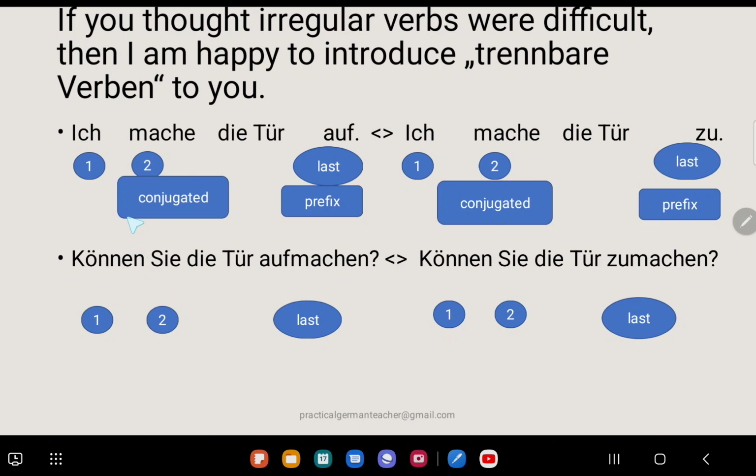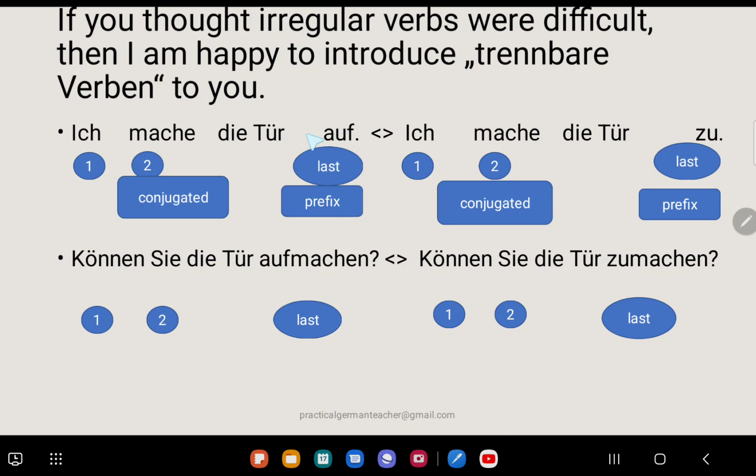After telling you what the syntax looks like for a trennbare verb in a normal sentence, I mean just one verb, I should tell you how the syntax looks when you also have a modal verb, but I think you can follow.